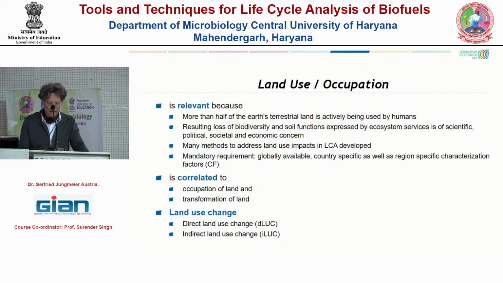And what I will tell you a little bit more about tomorrow is we have different land use change effects: the direct land use change effects that can be addressed in life cycle assessment, and there are also indirect land use change effects. I will explain tomorrow in more detail that these cannot be measured with life cycle assessment. You need economic models behind that, because they are not directly linked to the attributional LCA.